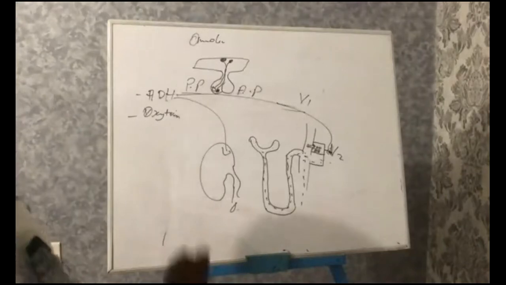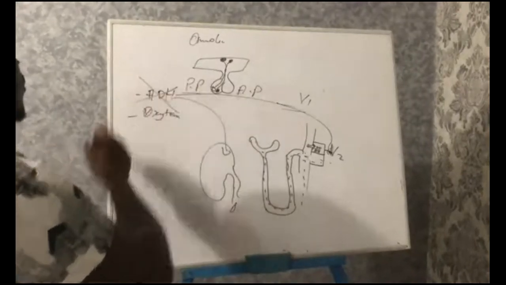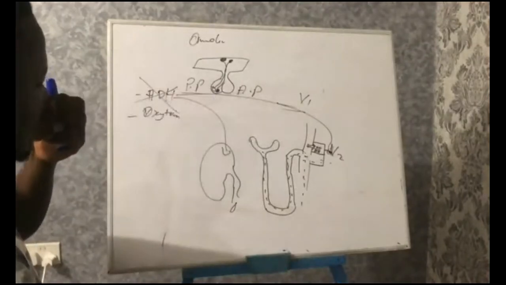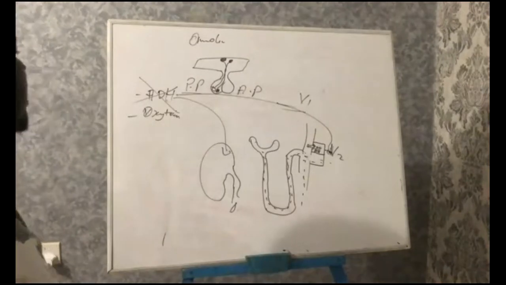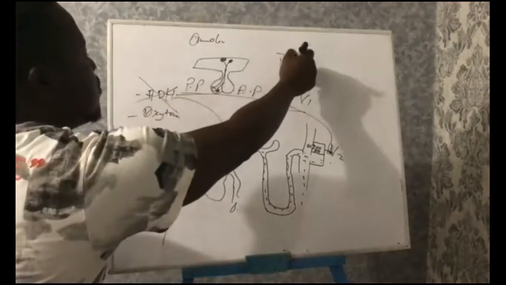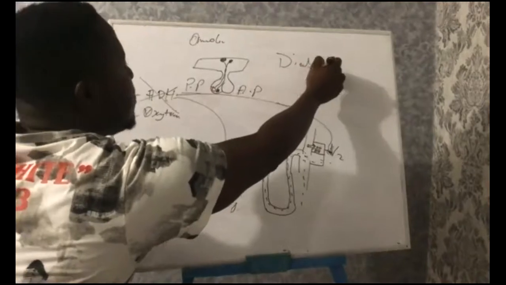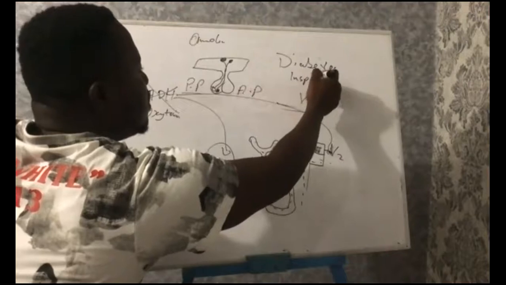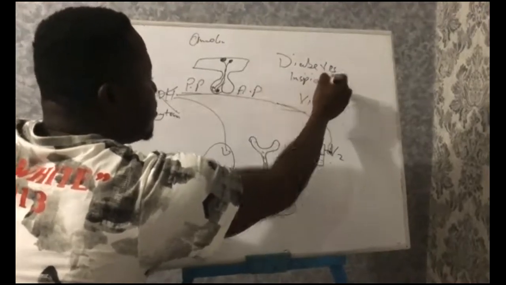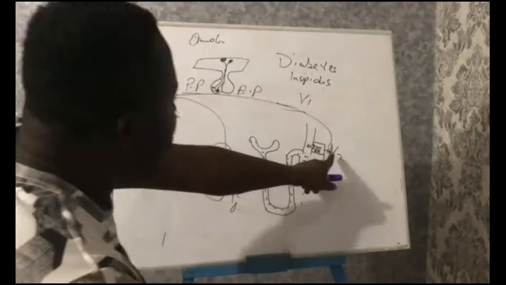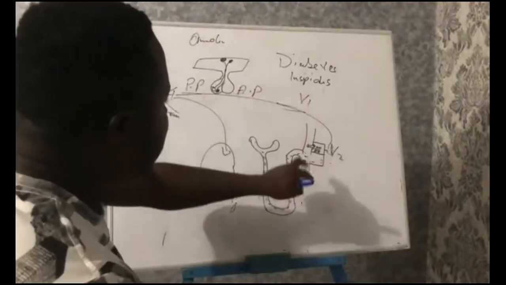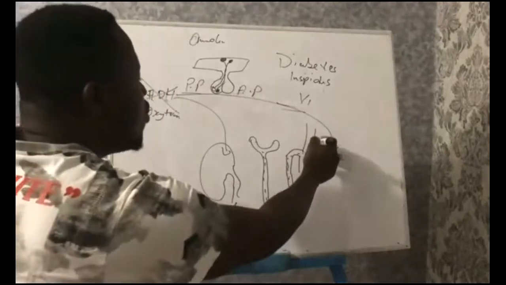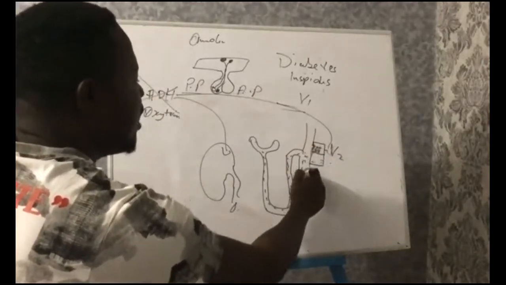Now, when someone is not releasing ADH from the posterior pituitary gland, we call that condition diabetes insipidus, specifically neurogenic diabetes insipidus. It means there will be no ADH binding to the V2 receptor here, so there will be no water reabsorption, and all the water will come out.